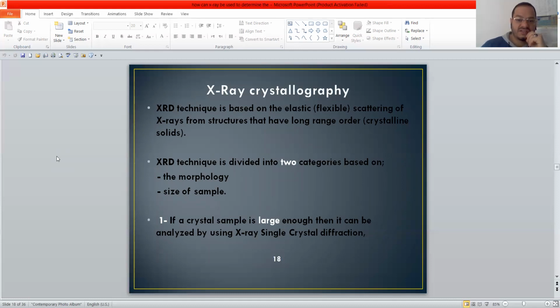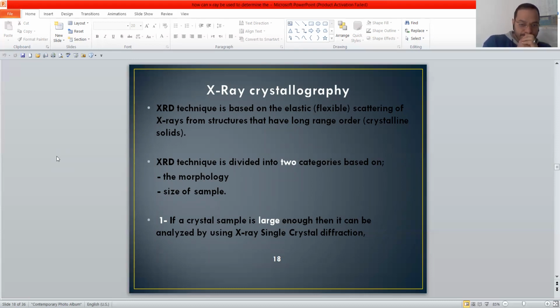X-ray diffraction technique is divided into two categories based on the morphology and the size of the sample.